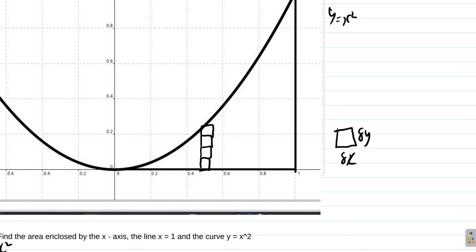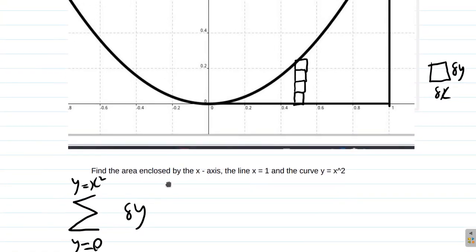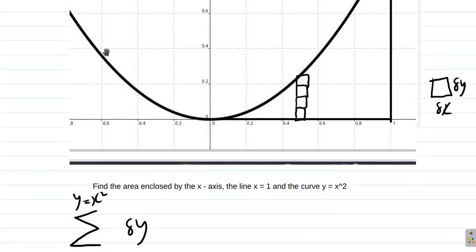Now, when we finish each point going from the floor up to the ceiling, we have to start moving to the right, stacking these things from left to right.